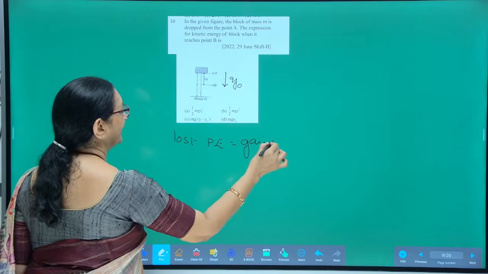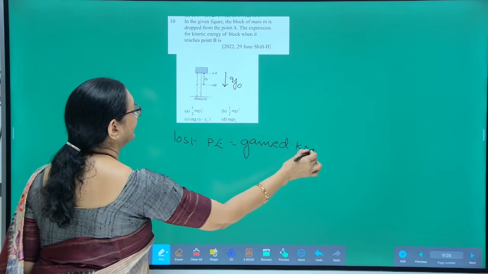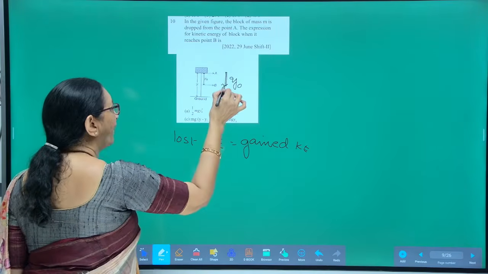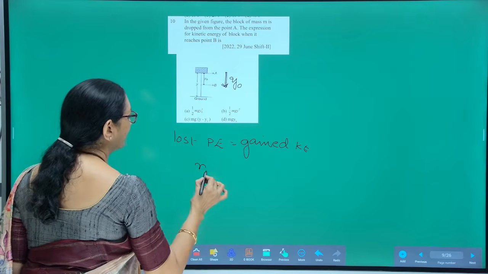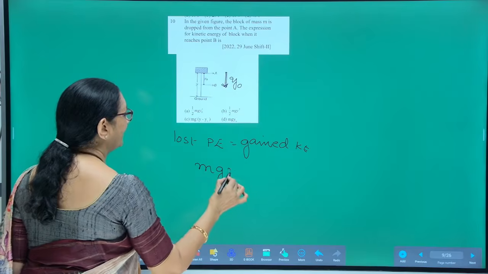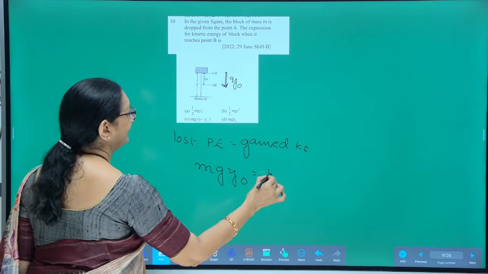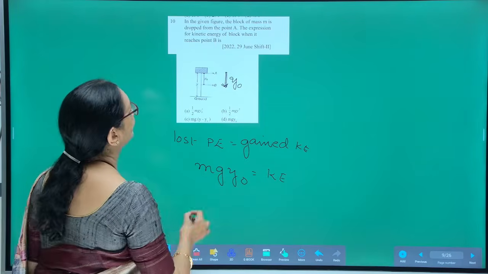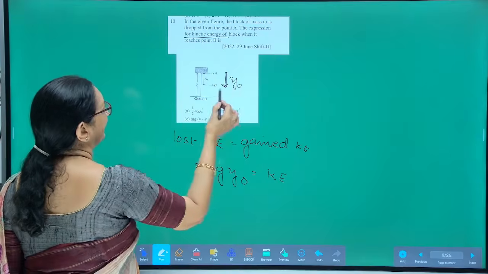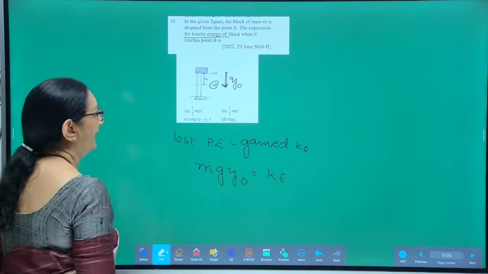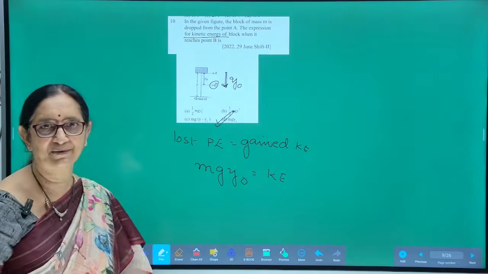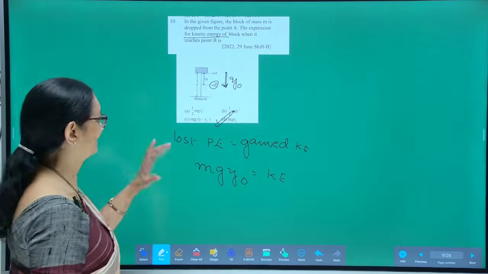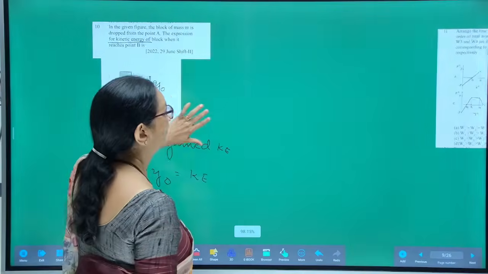When it falls through a height y naught, lost potential energy is mg y naught, that is the gain in kinetic energy. So, the kinetic energy at the point B is mg into y naught, right? Now, go to this problem.